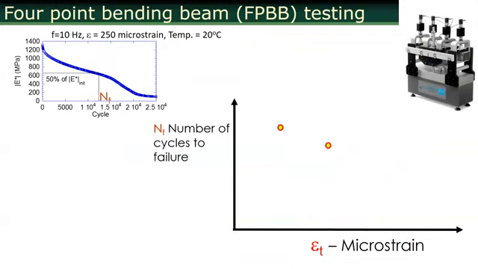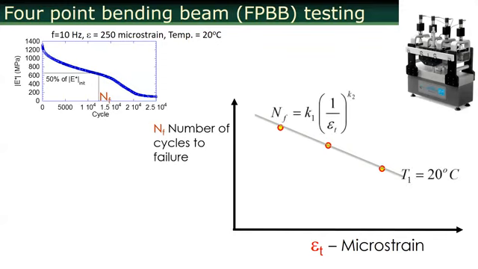You repeat the test at a higher microstrain. So we go from 250 to 300, flex more. And then you have a lower number of cycles to failure because you are really flexing more, so you're going to break it faster. And the third one is number of cycles to failure at a higher strain level. So we draw a best fit line to these three, and then we come up with an equation.